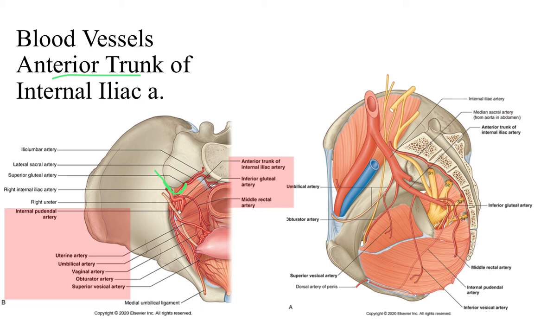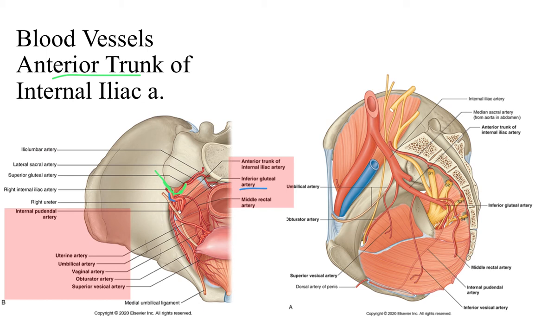I'll do that in blue. Here would be the anterior trunk coming out here. And the anterior trunk is going to give rise to many branches, including the inferior gluteal artery. So remember, the posterior supplied the superior gluteal artery. The anterior is going to supply the inferior gluteal artery.